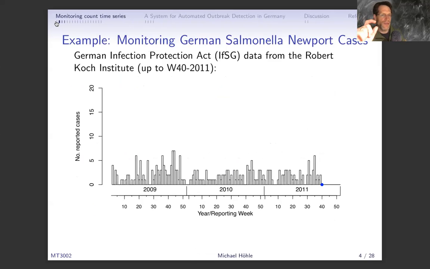Newport is one of 3,000 serovars that you can have for Salmonella. So somebody would have to look at 3,000 time series. You have a week to do it, because then the new data arrive, but Salmonella is not the only disease which is monitored, or mandatory to report. I think in Germany it's about 90 diseases which are reported, and some of them again have serovars.